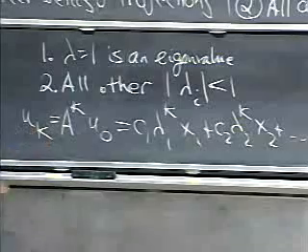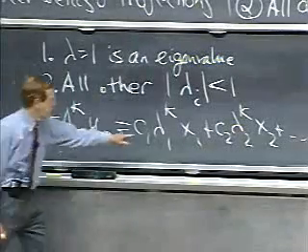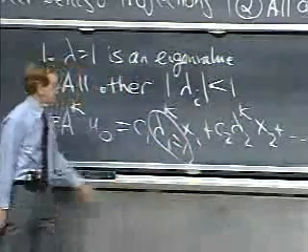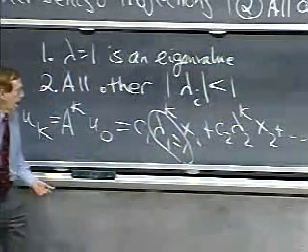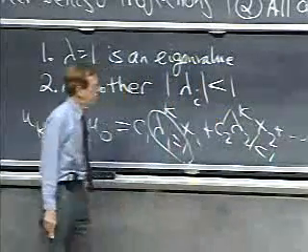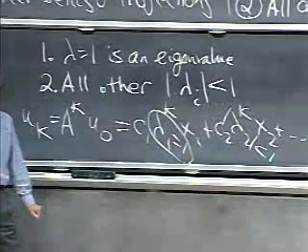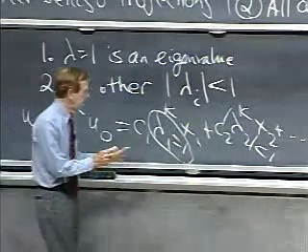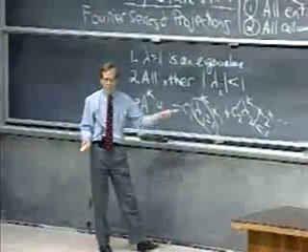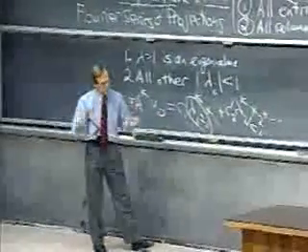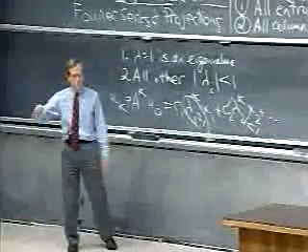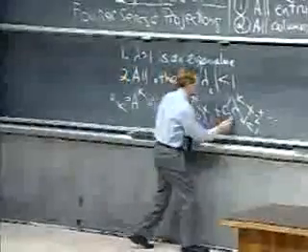And now you can see what the steady state is going to be. Lambda 1 equals 1, so 1 to the kth power, and these other eigenvalues are smaller than 1. What happens to that term if the lambda is smaller than 1? Then as we take powers, as we iterate, as we go forward in time, this goes to 0, right?